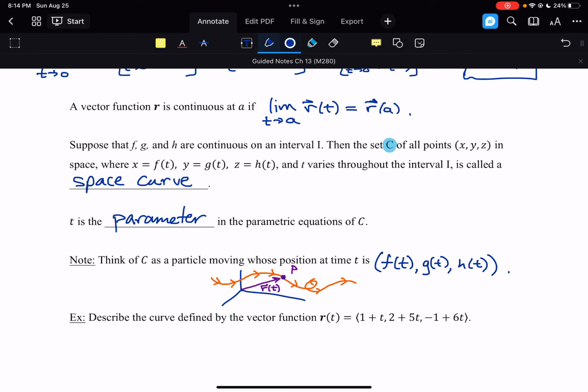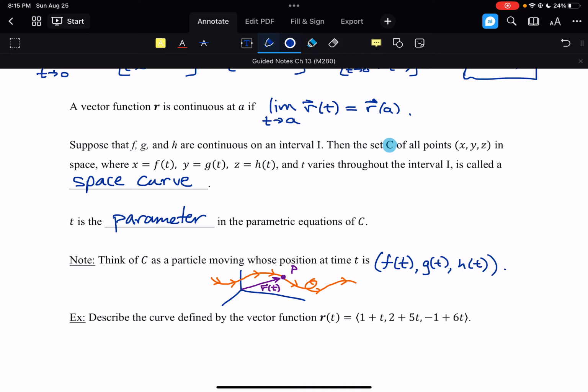And then we have the vector function r of t that is pointing at P. As t changes, that would move to here, and then t changes again, and it moves to here. And it keeps going and going. If you trace out enough, eventually you get the entire space curve. But particle motion is definitely one use of these space curves.